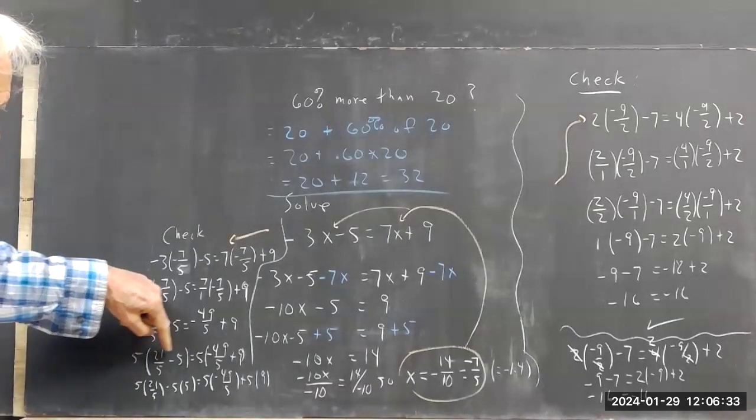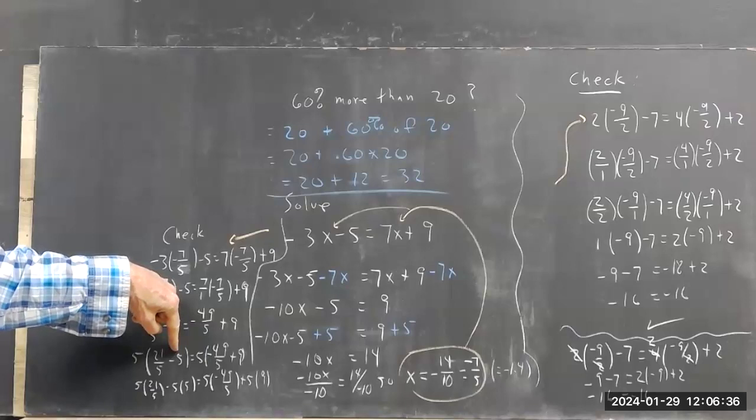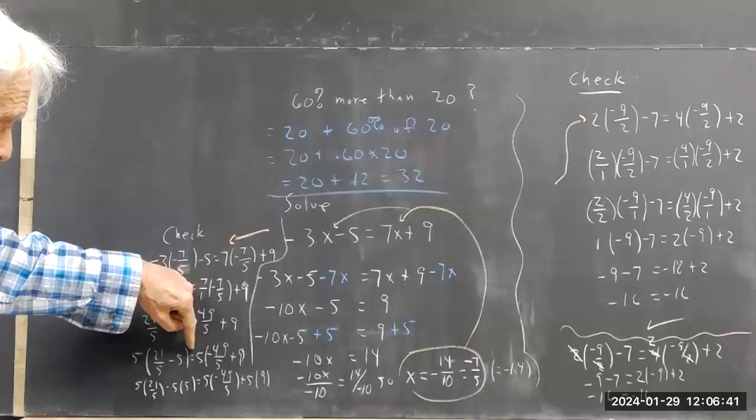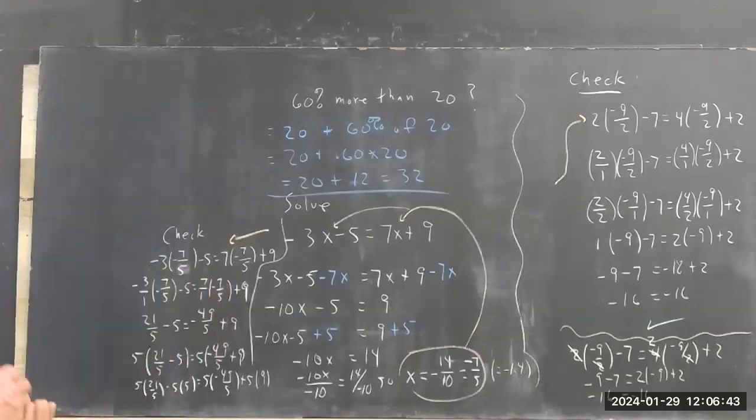I've also got to multiply 5 by the negative 5. Over here, I've got to multiply the 5 by the negative 49/5 and also by 9.